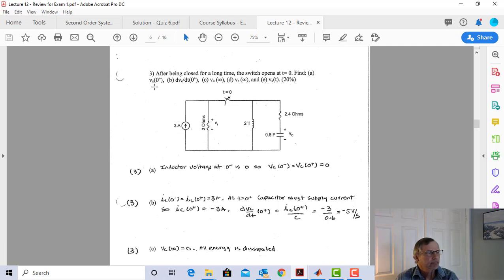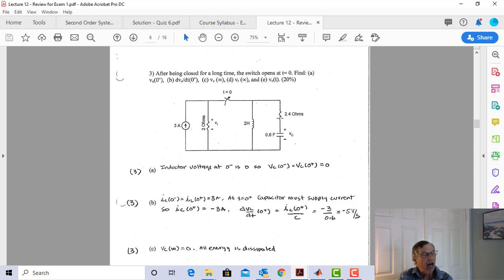Okay, so let's triage the problem first. The switch was closed for a long time, and so I had my 3 amps here, switch is closed. No voltage across an inductor at steady state, so the voltage here is 0. So that 3 amps is going up here, voltage is 0, so I got no current here.